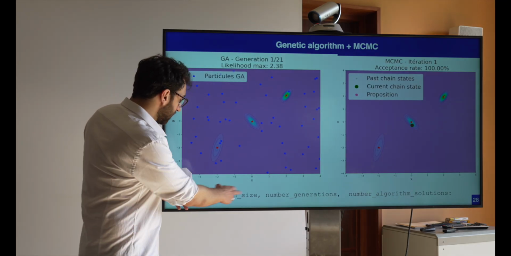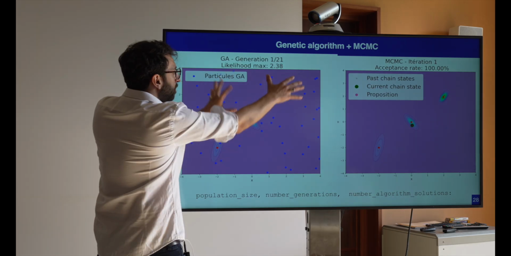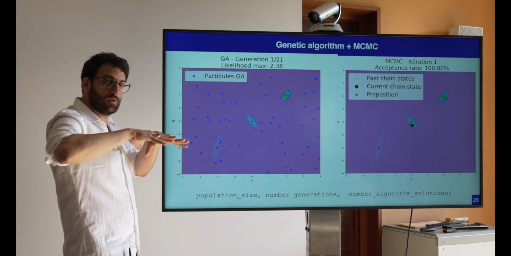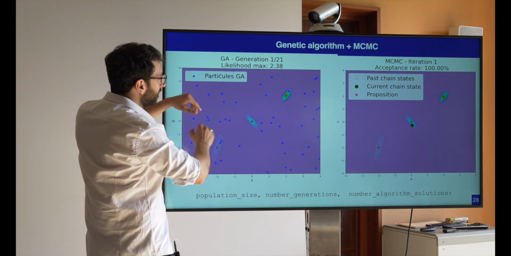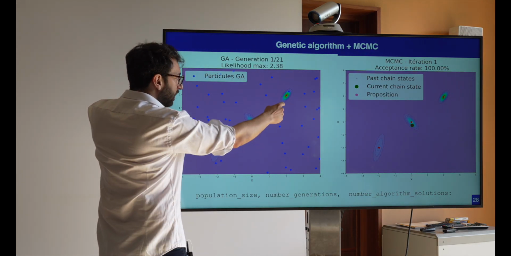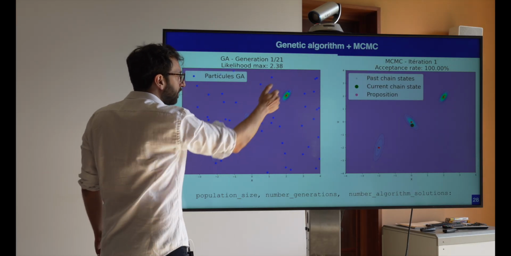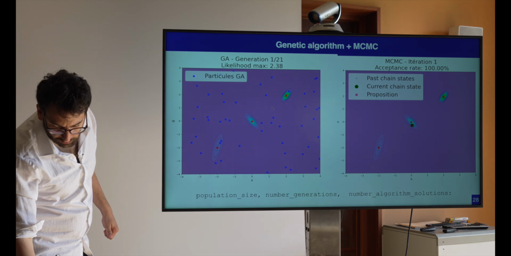So for the population size, you can see very intuitively that the more parameters you have everywhere, the better the exploration of the parameter space. You will have less chance of missing in general. It will increase your chance of finding the local maxima of likelihood.